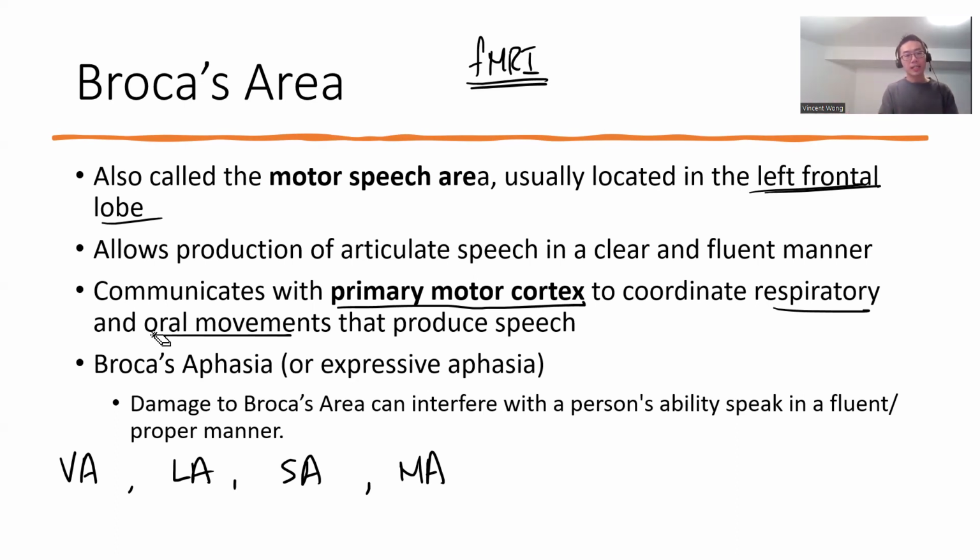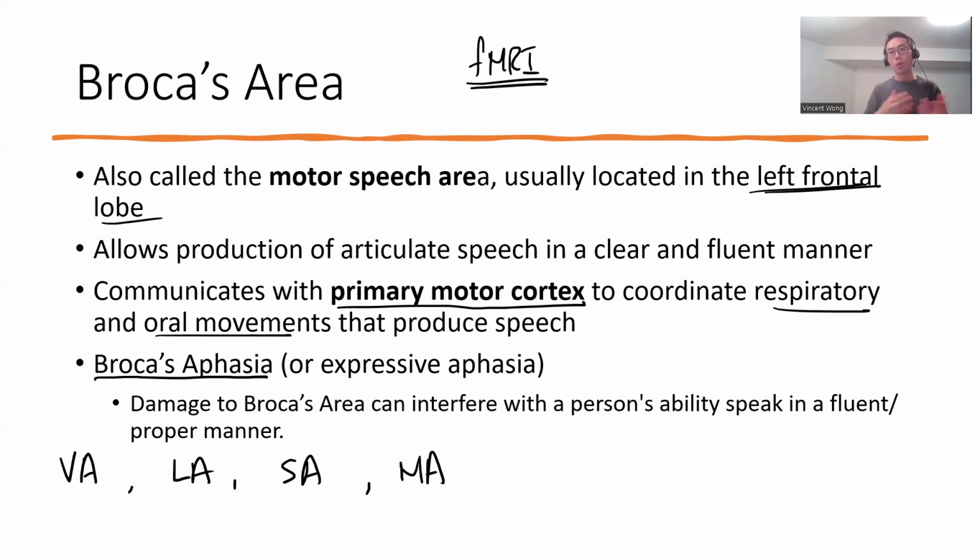So when a person damages Broca's area, they have what's called Broca's aphasia, or expressive aphasia. This interferes with the person's ability to speak fluently and in a proper manner.